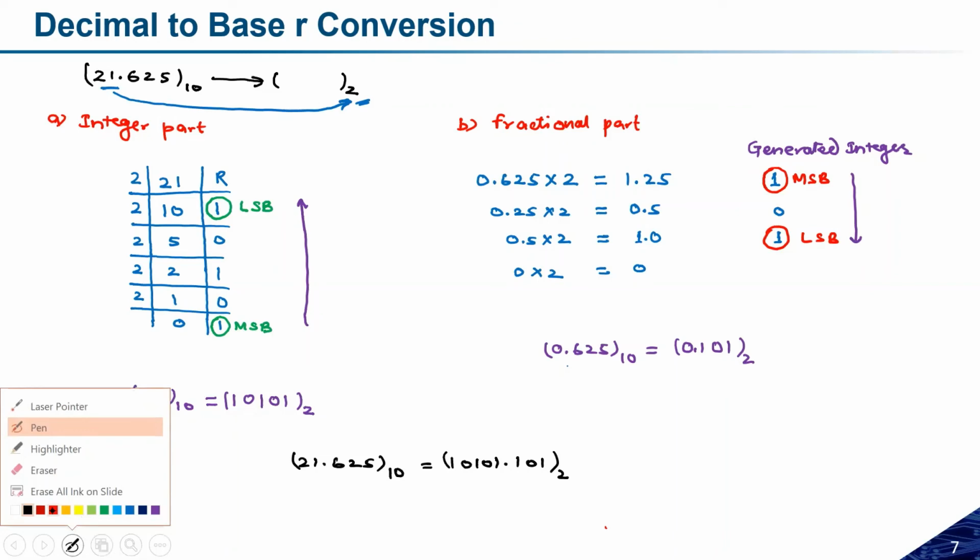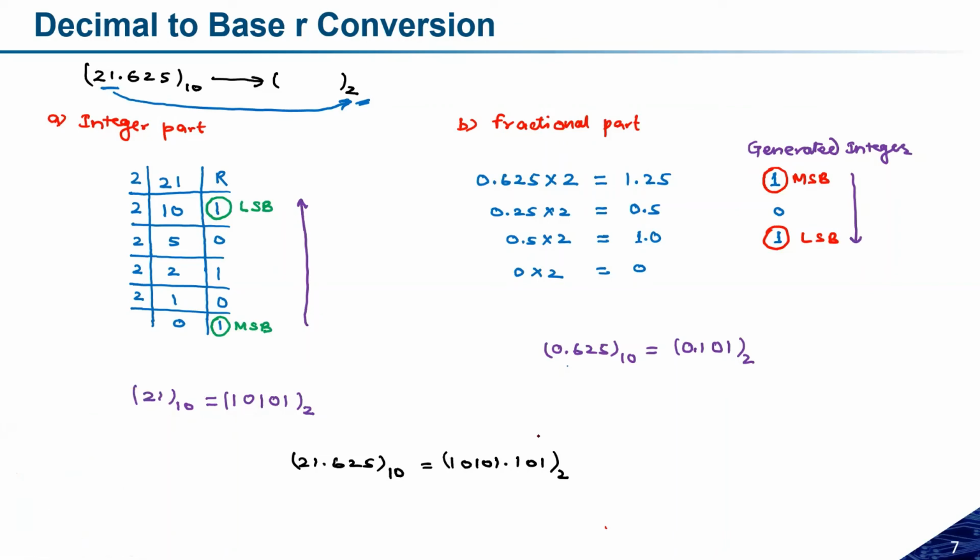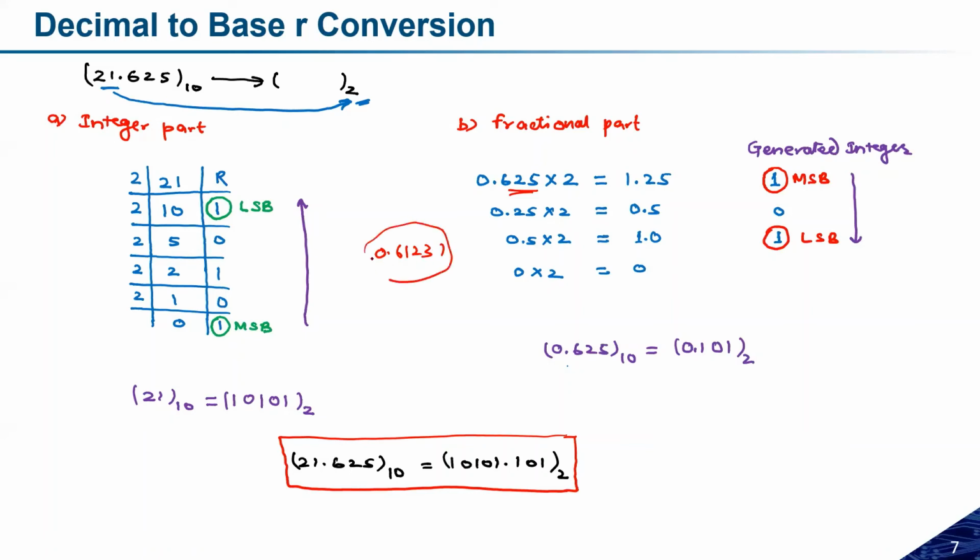Now one important question I was expecting you to ask, but no one asked. What happens if, in the fractional part, we do not reach 0? Sometimes the number is not that nice, like 0.6123, and you have to convert it into the binary number system.